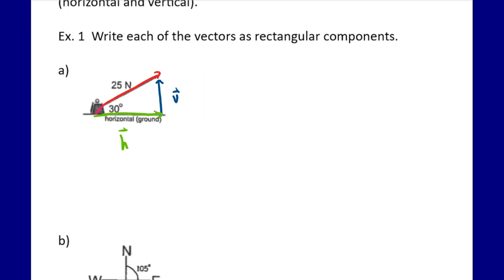So for our horizontal vector, if I were to just name this a right angle triangle, the horizontal and vertical make a right angle. I know 30 degrees and I know 25. If I'm going to start with the horizontal, if I'm labeling my sides, I have my hypotenuse already. I have my angle.